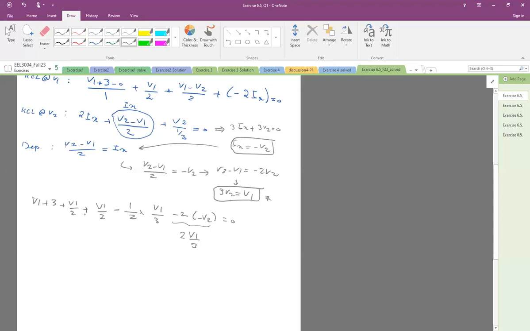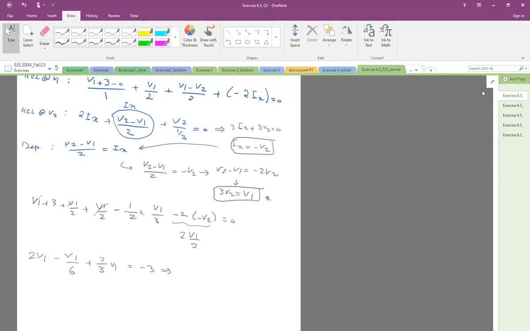So v1 and v1, I have this 2v1. So that's 2v1, and then this one is minus v1 over 6, and then plus 2/3 of v1 equal to negative 3.